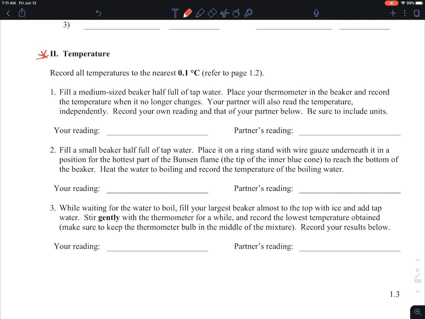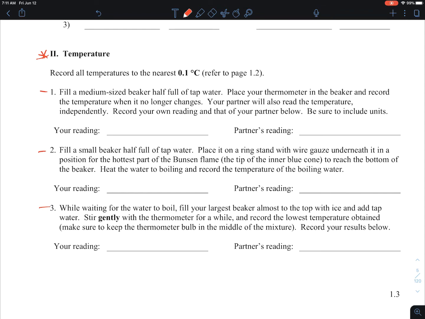Part 2 is just some temperature measurements. And this part's actually kind of cool. You would have taken the temperature of just some water, and then you would have heated some water, taken the temperature, and then added some ice ultimately and taken some temperature. And you and your partner would have taken a measurement and then compared them to see how people can interpret reading the scales slightly differently.